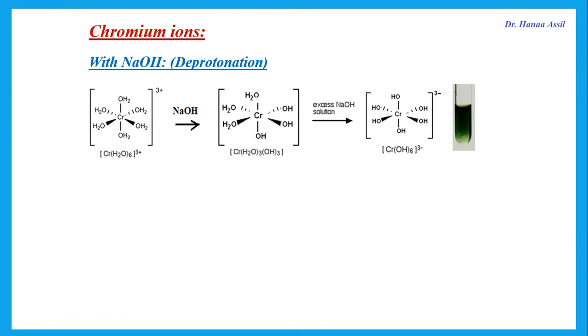So the chromium ions in water form a green solution. When we add sodium hydroxide, it causes deprotonation. Excess sodium hydroxide causes further deprotonation, and we end up with a green solution.